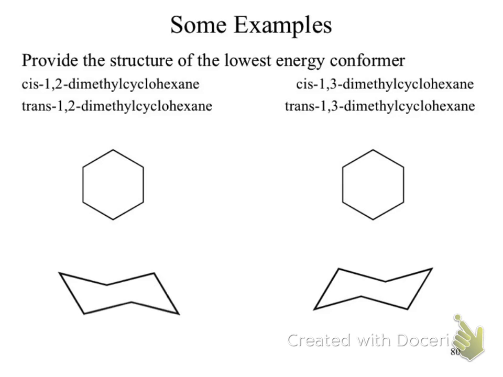What if instead of it being just a methyl, I went through and made it a T-butyl? Now these groups are different sizes. Okay? Are they both going to have an equal desire to be equatorial? No. Which one's going to have a larger desire to be equatorial?